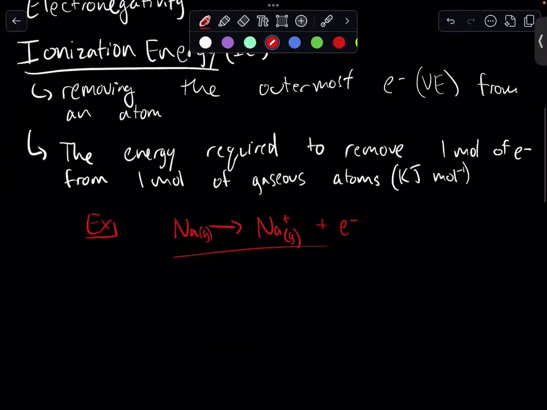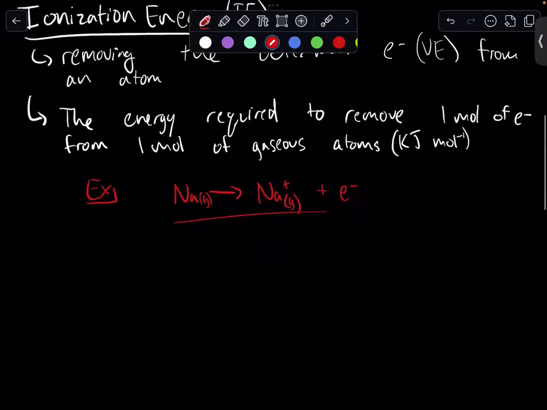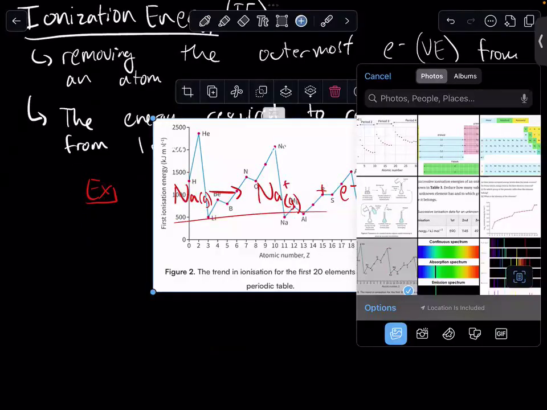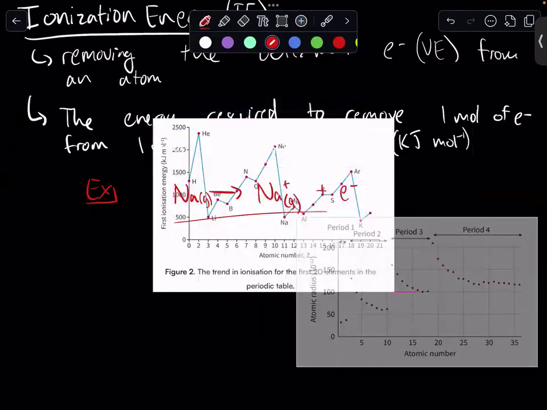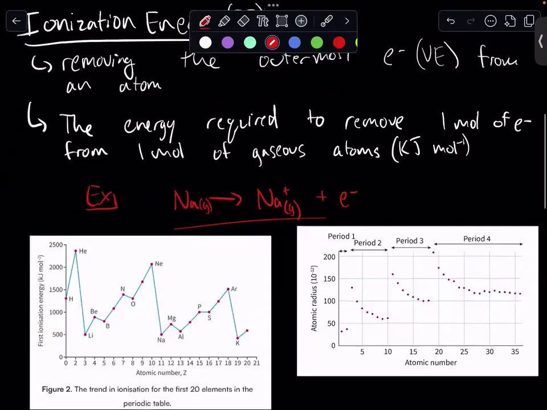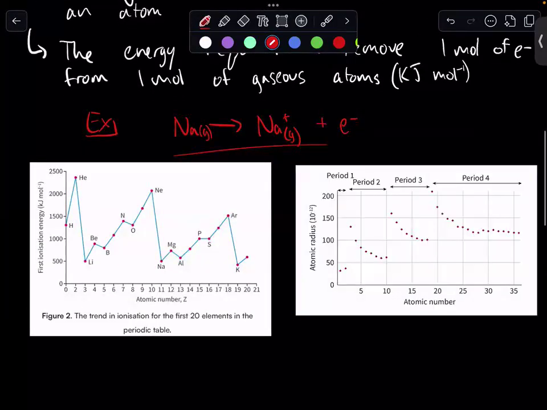Now, how does ionization energy change across the elements? We can look at a graph of the first ionization energies, and I'm actually going to import another graph that we used the other day, atomic radius. So let's look at these two graphs side by side. You'll notice that we have this repeating trend.